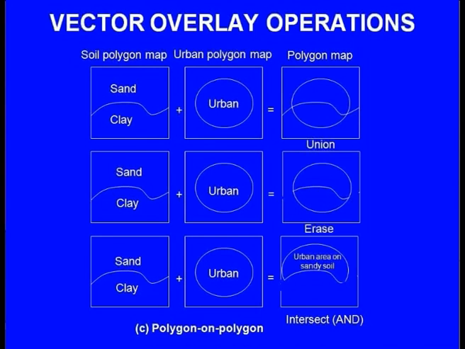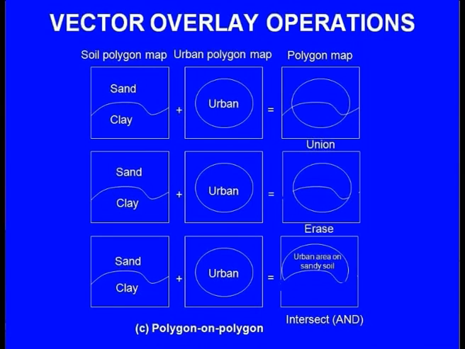We can use the AND operator, that is intersect. In this particular case we are going to have a polygon which is just a cutout, as if somebody has taken a bite of a biscuit, and it would be more or less crescent shaped in this example.